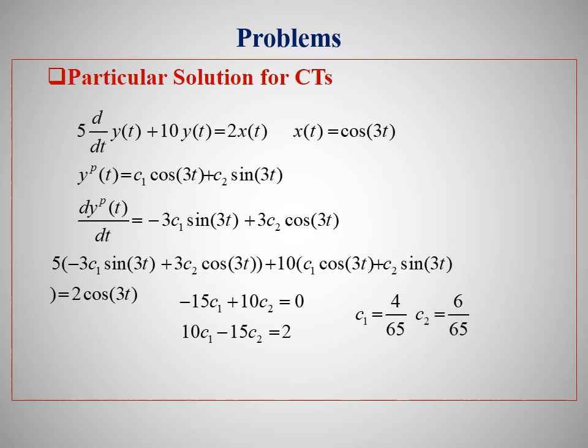Thus we get c1 equal to 4 by 65 and c2 equal to 6 by 65. So the solution yp of t is c1 cos 3t plus c2 sin 3t, which is 4 by 65 cos 3t plus 6 by 65 sin 3t.